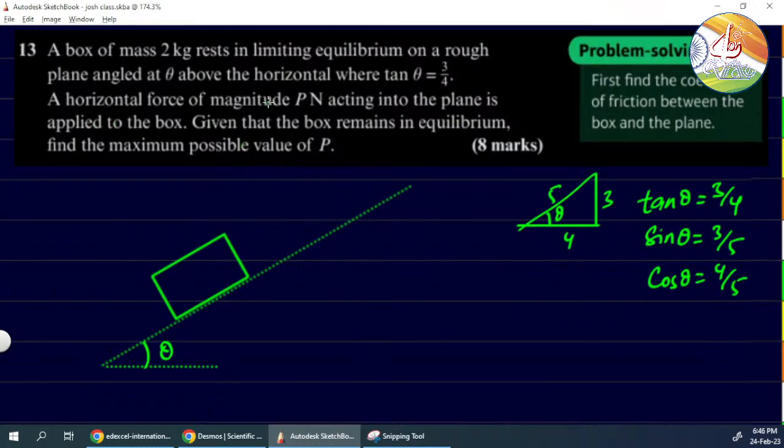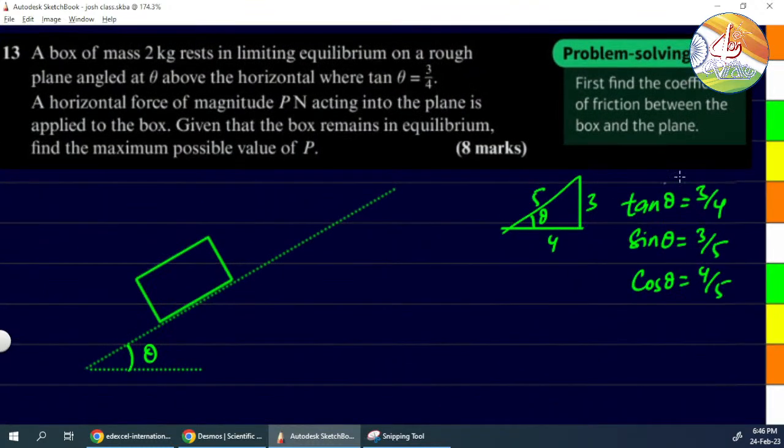Now a horizontal force P acting into the plane is applied to the box. Given that the box remains in equilibrium, find the maximum possible value of P. So there is a horizontal force acting, like this, and that keeps the box in equilibrium, and he's asking for the maximum value of P. If P is maximum, in which direction will it move, upwards or downwards?